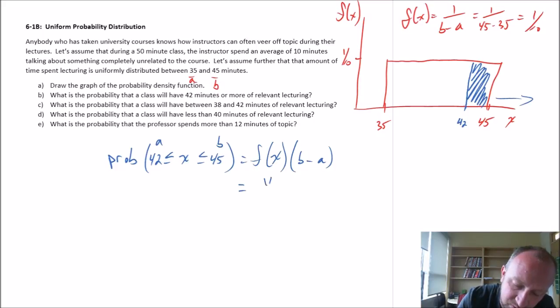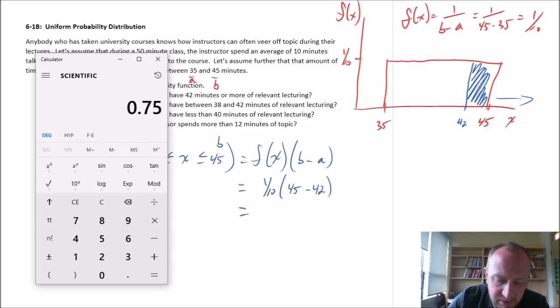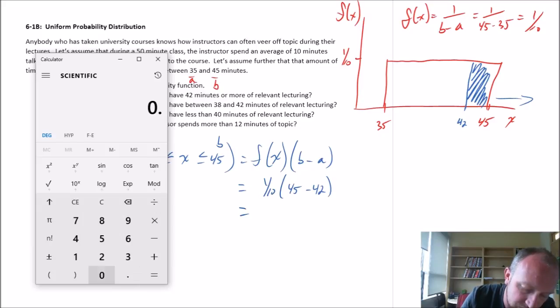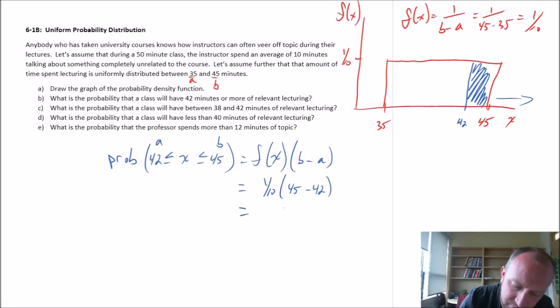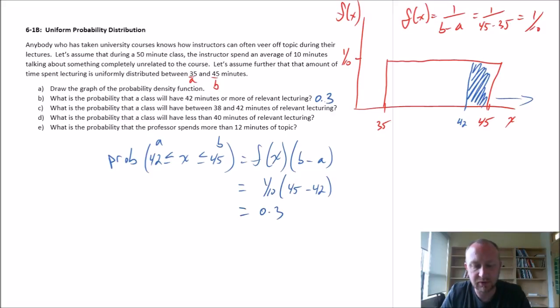So this is 1/10 times 45 minus 42, which is 0.1 times 3, so 0.3. So there's our probability for 42 minutes or more. Call it a 30% chance that the class will have 42 minutes or more of relevant lecturing.